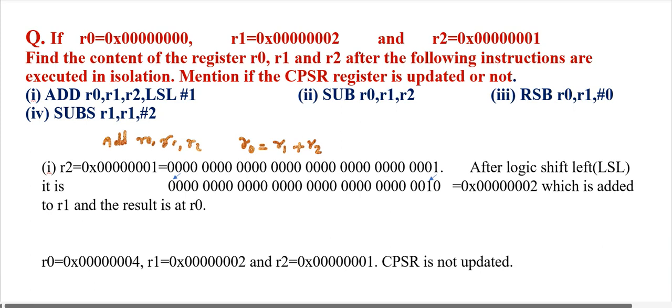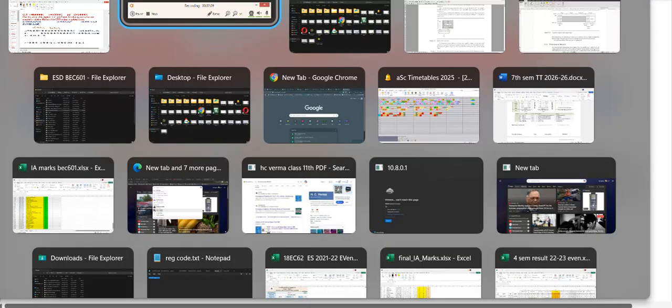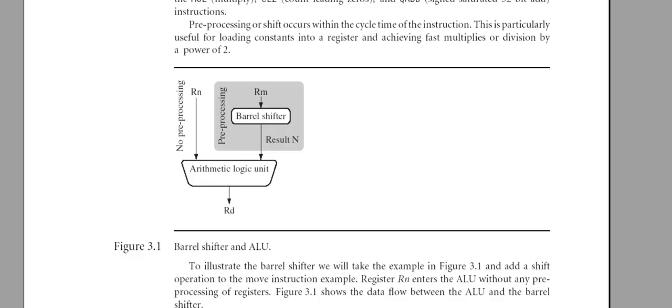So I will show you the barrel shifter. This is the source operand one register, and this is the second source operand. If you don't shift the second register, then without any shift in the barrel shifter, it will come directly.